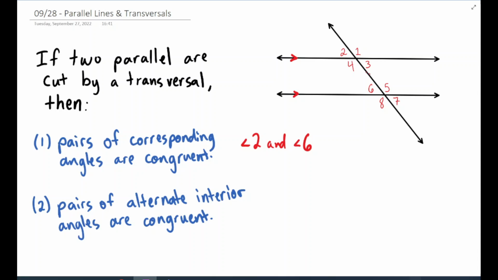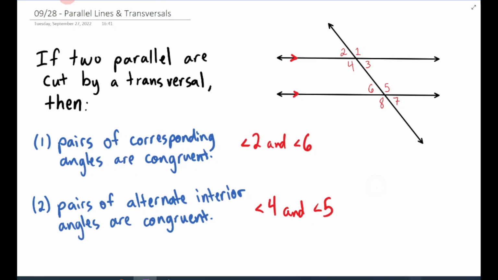Alternate interior means that the pair of angles are on opposite sides of the transversal, on the interior, between the two parallel lines. As I was showing, that's like angle 4 and angle 5. It's also angle 3 and angle 6, and those are the only 2 pairs of angles.